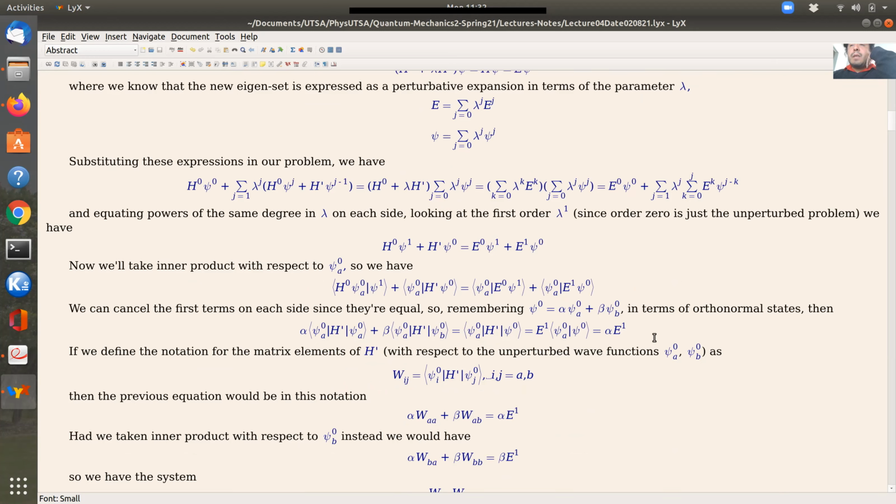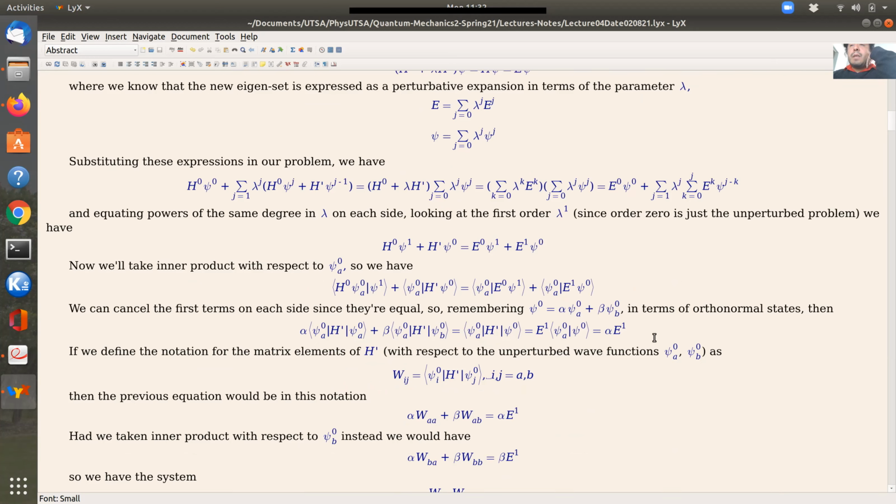And so we define Wij as the inner product of psi 0i with H prime of psi 0j. So H prime is sandwiched between the functions of the, in this case, two-dimensional basis. And the indexes, because of the notation that we use, i and j can be either a or b, right? So if we do that using this notation, we can re-express this equation.